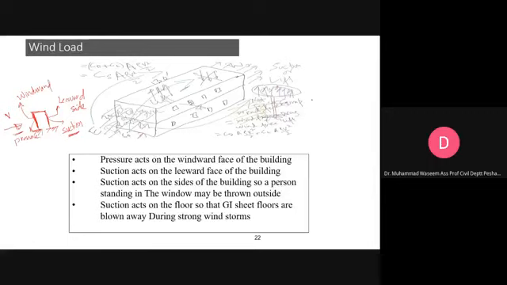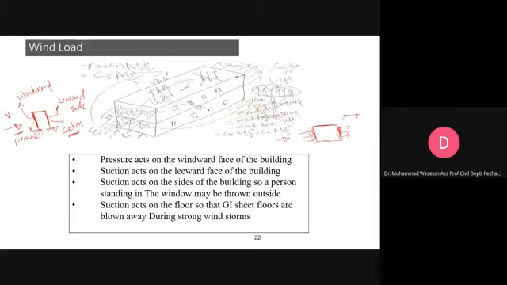To further elaborate, for example, this is the plan of the building, the same building. Wind is in this direction, so this wind will exert pressure on this side of the building, and this side of the building will experience suction here.